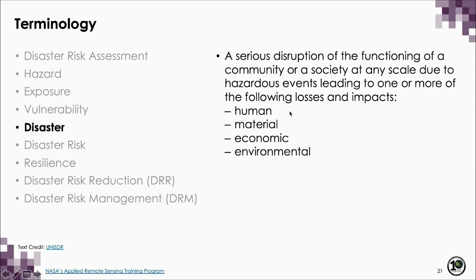So human lives are lost, material is damaged, economic losses, and environmental degradation or losses. So disaster is really the end result of hazard. Now, if hazard occurs where there is no exposed population or vulnerable population or communities, then it's not really a disaster, it is just a natural hazard. When it's combined with how it is affecting these factors, then it becomes a disaster.